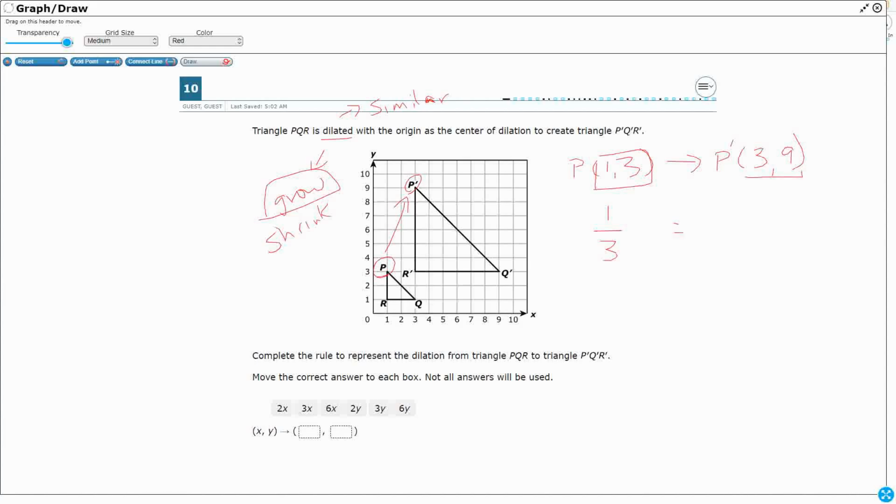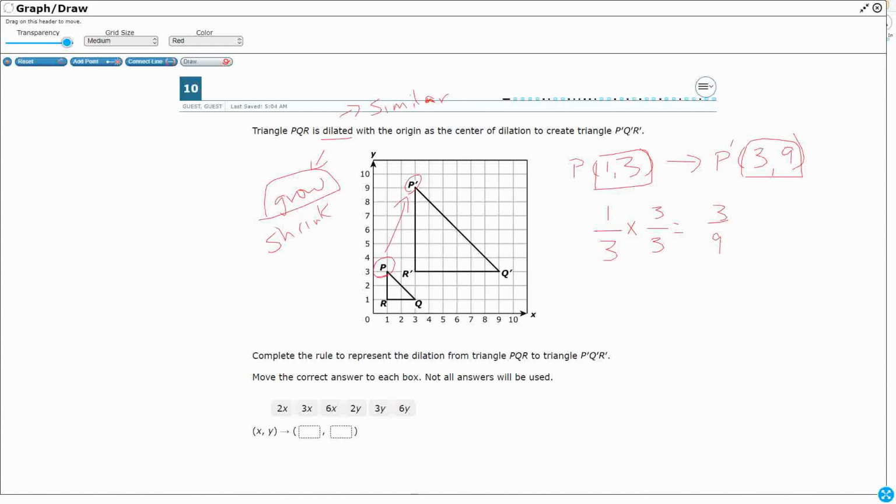And I'm going to turn this on its side itself. The x being my numerator, the y being my denominator. Since we're getting bigger, we are going to multiply by something, but really this is what I'm looking at right here. I'm looking at what can I multiply by to get from 1 to a 3 or 3 to a 9? Well, it looks like it could be 3, okay? Now, in this case, it is going to be the same scale factor for both, right?